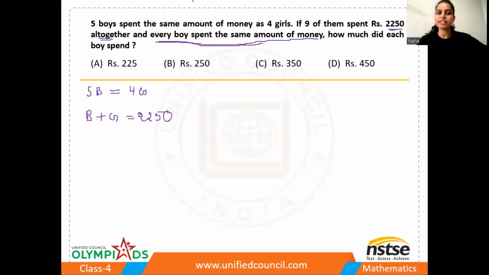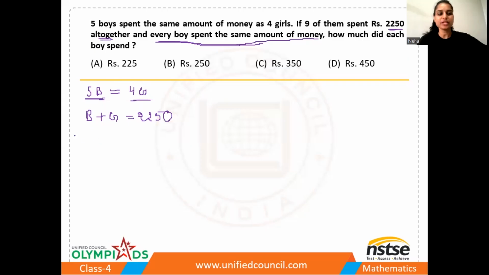Because in the question they are saying that 5 boys equals 4 girls, right? And the money spent by boys and girls is 2,250 rupees. That means half the money boys will spend and half the money girls will spend, because they are spending equal money.